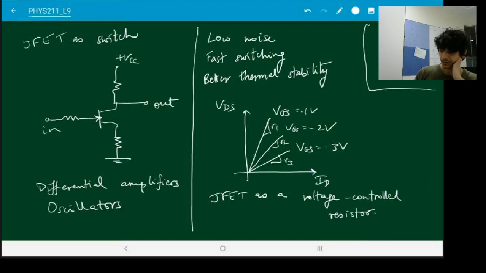There are lots of other kinds of FETs also. You're not restricted only to a junction field effect transistor. For example, you can have MOSFETs, where the MOS stands for metal oxide semiconductor.